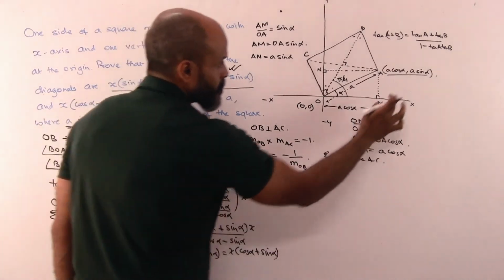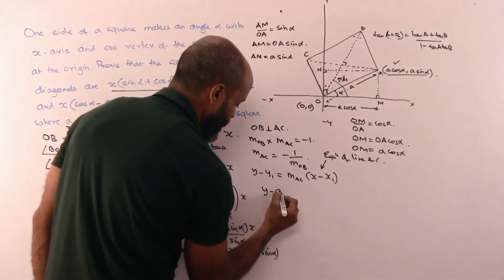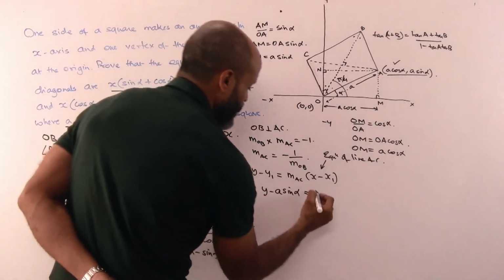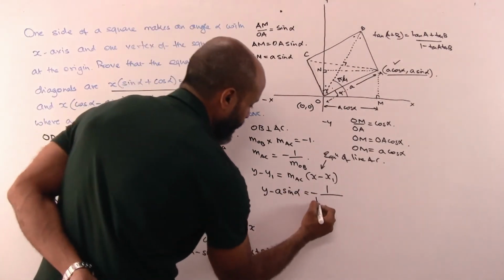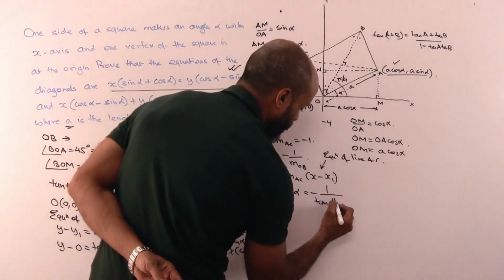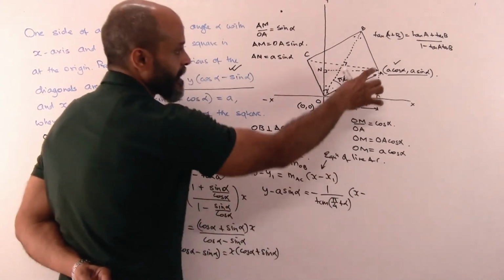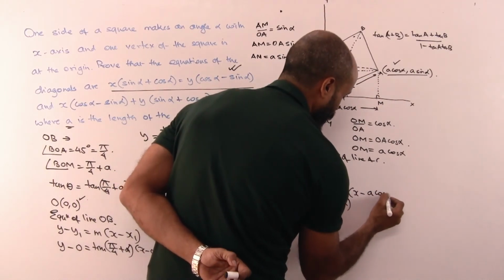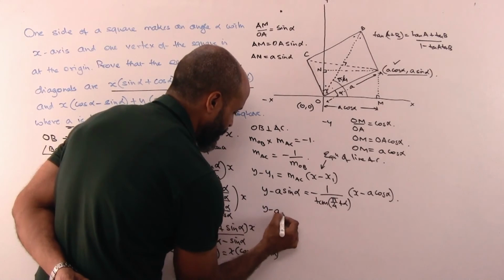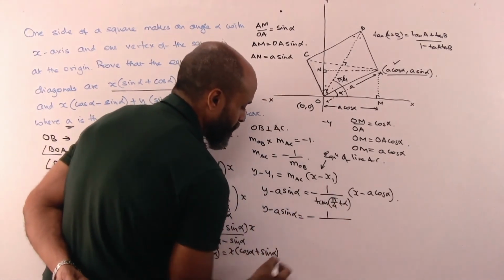So here we know one point is A in AC. So y minus y1, that is a sin alpha, is equal to m of AC, that is -1 upon tan(pi by 4 plus alpha), into x minus a cos alpha. So in this case it will be y minus a sin alpha is equal to -1 upon tan(pi by 4 plus alpha).